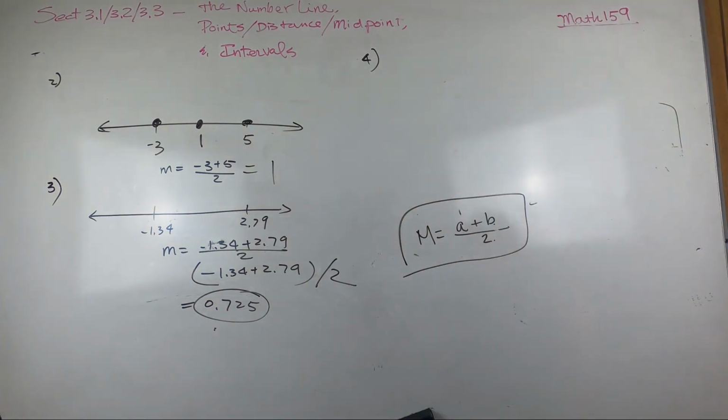Next one, we are going to do hypothesis testing again. Okay, something called hypothesis testing. Another application of the midpoint involves hypothesis testing. Sometimes we are given the hypothesized mean, which is the midpoint. We guess what's in the middle.